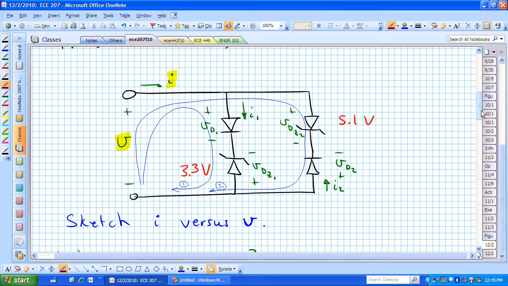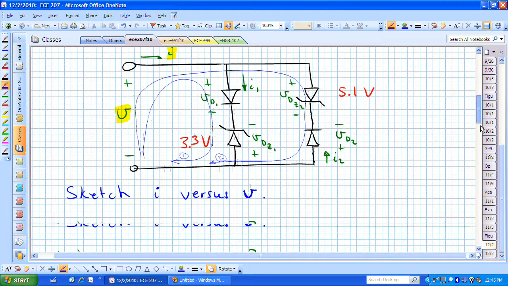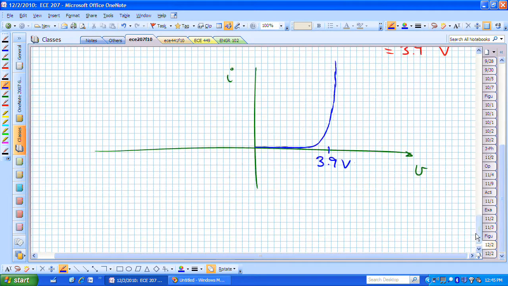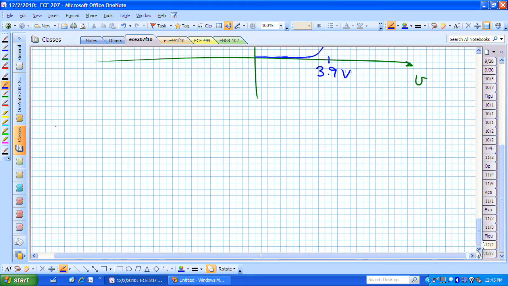Let's now look at KVL around mesh 2. We're really wanting to see when is I sub 2 going to be positive.